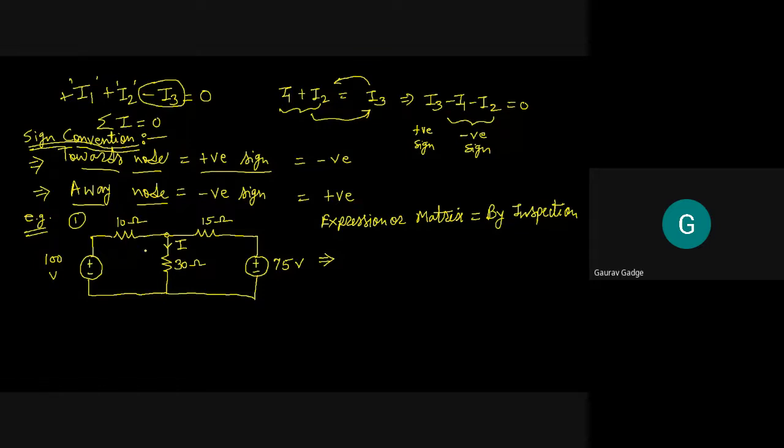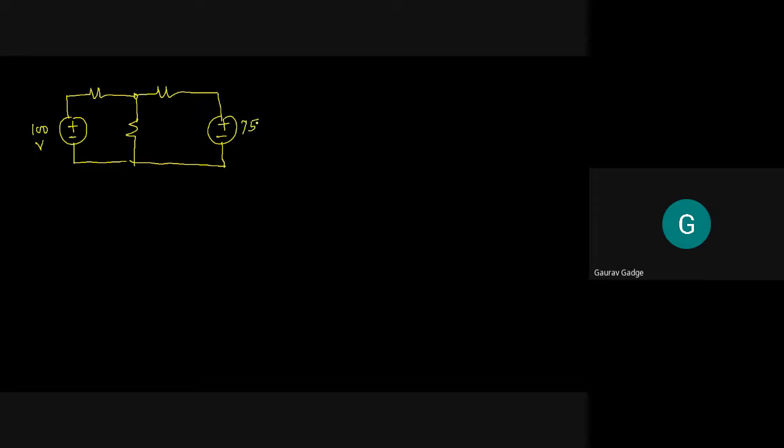Okay, so now if I just apply mesh analysis to this particular circuit, I can easily write it by considering the loop equations. I just redraw that circuit here and give a revision to the mesh equation formation or the mesh matrix formation. So now I am going to directly write this down instead of wasting much time on it.